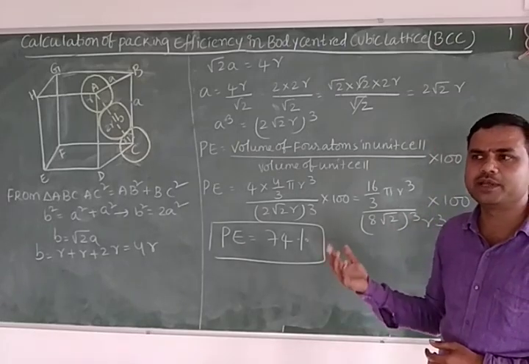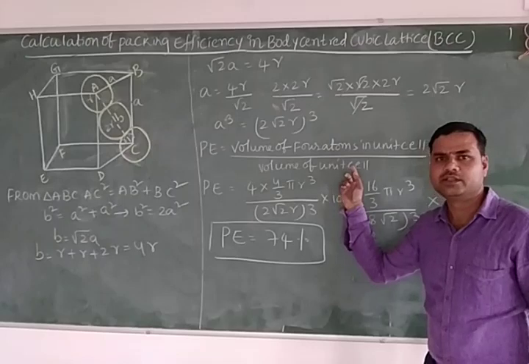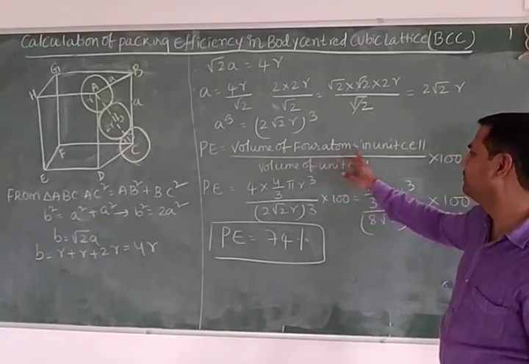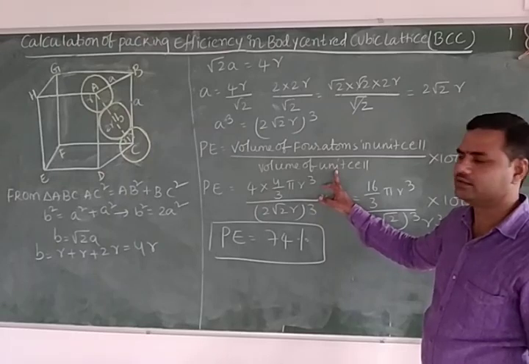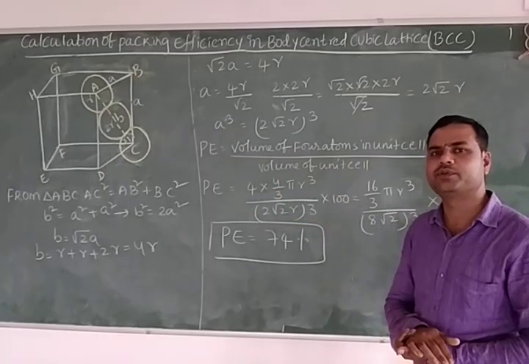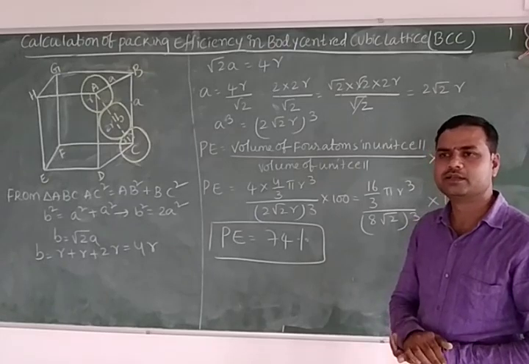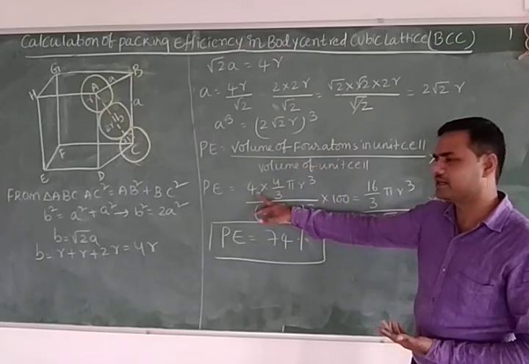In face-centered cubic lattice we take the volume of 4 atoms in the unit cell. Therefore here I am writing volume of 4 atoms in the unit cell by volume of the unit cell. Now therefore 4 into 4 by 3 pi r cube. Why am I writing 4 into 4 by 3 pi r cube? Because the sphere volume formula is 4 by 3 pi r cube. But how many atoms are there? 4.